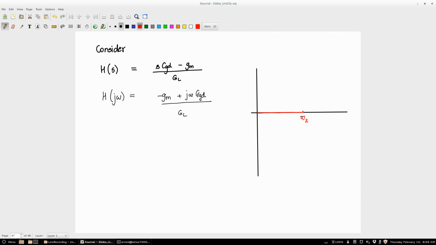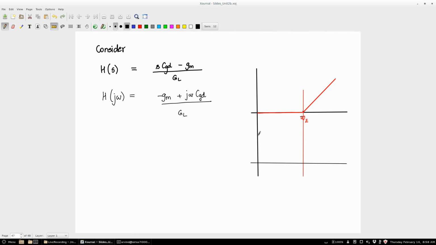How will this thing look? Until omega Z, what will it be? It will be flat. Again, I don't care what value this horizontal line has. And after omega Z, how will it look? It will go up. It has to go up when you take the magnitude, right? So it will go up at 20 dB per decade.